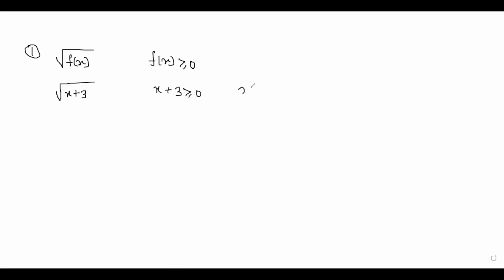It means x is greater than equal to minus 3. So for this function, domain will be minus 3 to infinity. Minus 3 will be included, so for minus 3 you will use closed bracket, and for infinity open bracket. Okay, write down here.